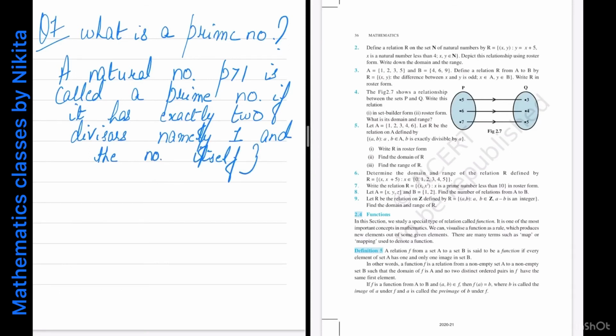So it has to be first of all greater than 1, and it has only two divisors, 1 and the number itself. For example, let us take 3.